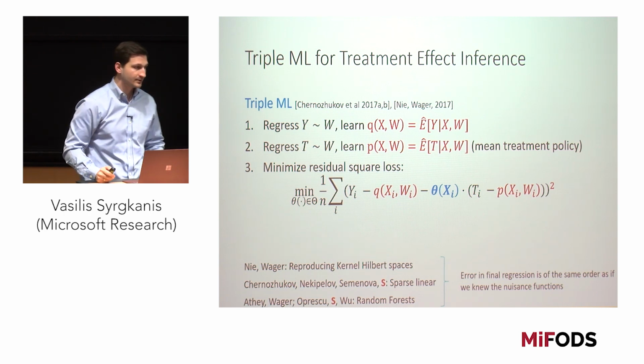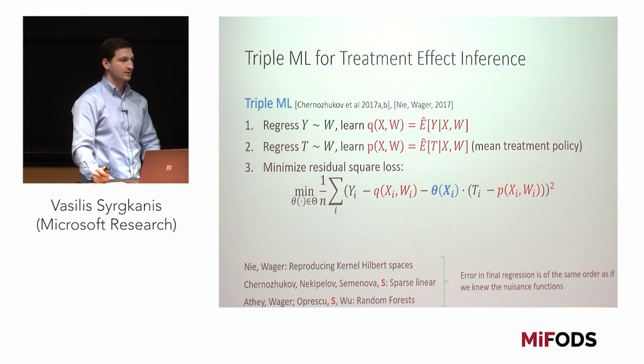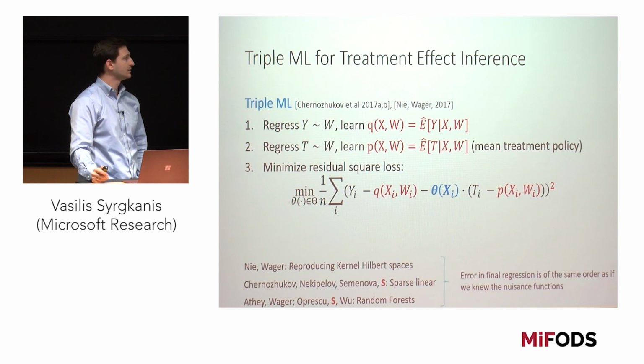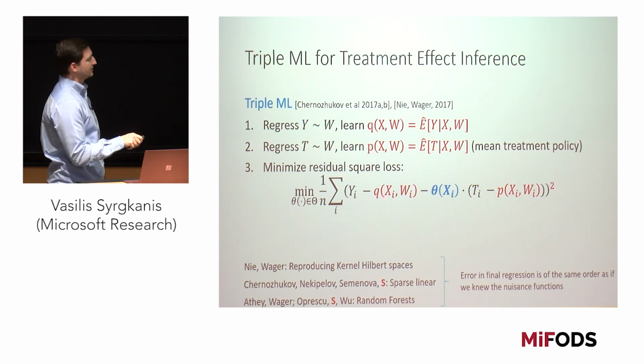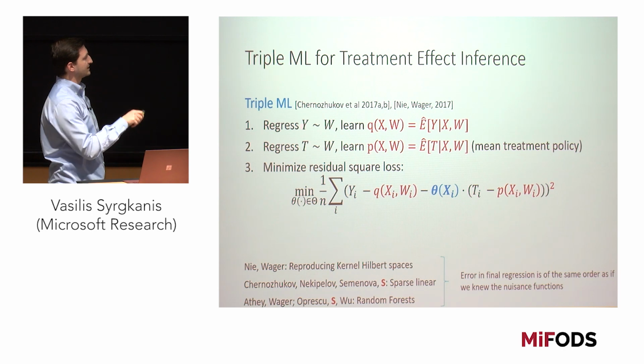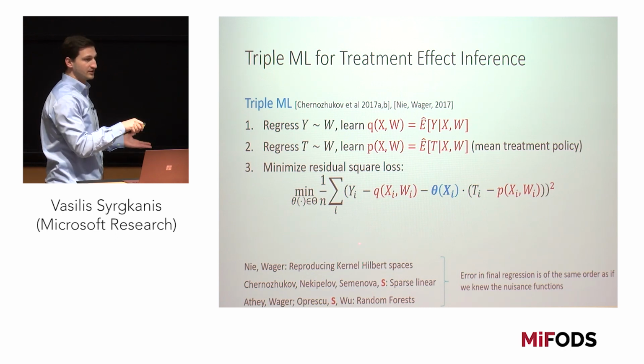Just one thing, if W is now nothing, does this reduce to just regressing y onto x or not? Not exactly, because you still run some form of non-parametric regression in the first two stages. And maybe still, the confounding part is a harder function to learn than the heterogeneous effect part, right?